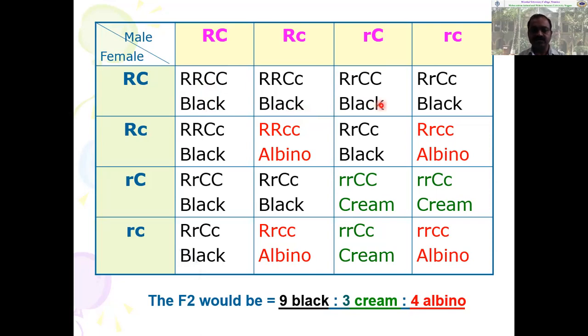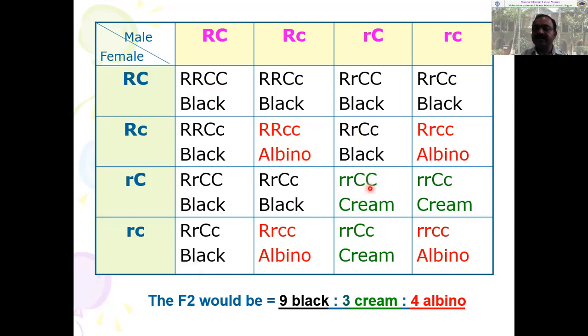Now, why is this happening? You have to look at some background. Capital R is responsible for black, but it can produce its black pigment only when there is capital C, the other allele pair which allows for pigmentation. So whenever there is capital R and capital C, it will always be black.